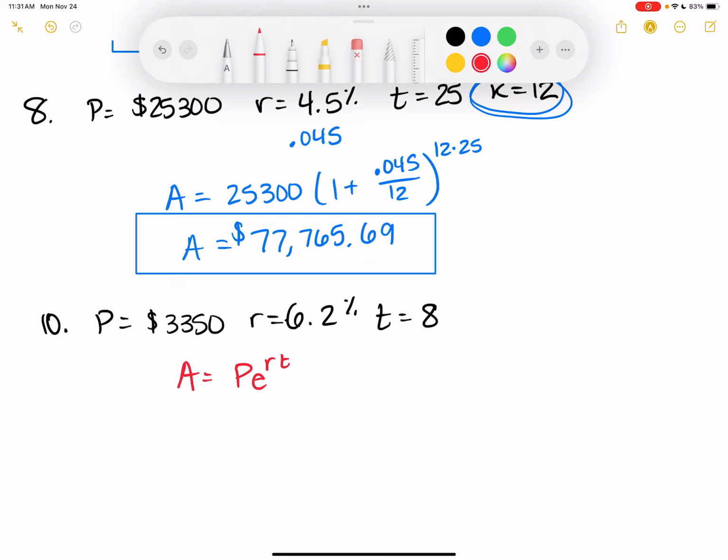Again, R is going to be a decimal. So R is 0.062. A equals 3,350 E to the 0.062 times 8.